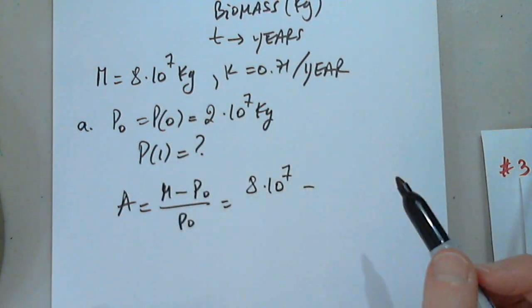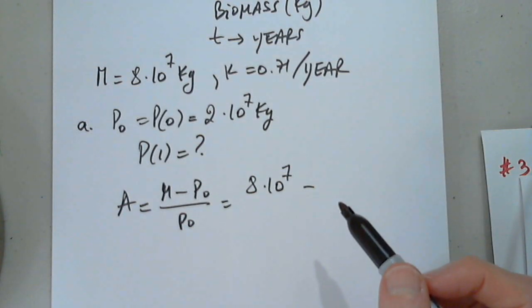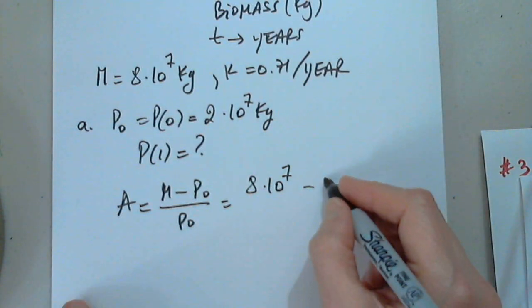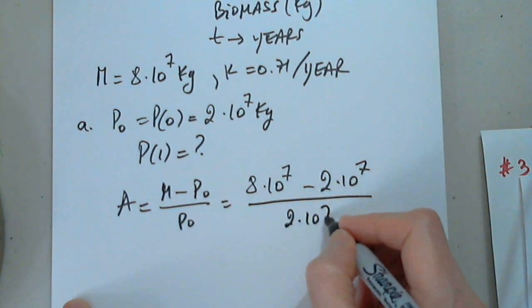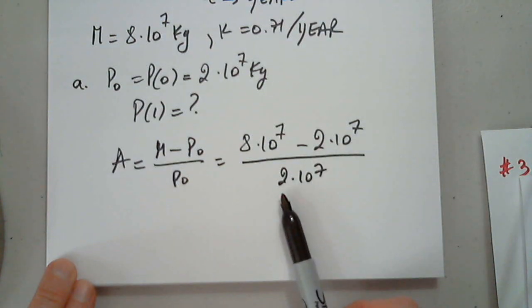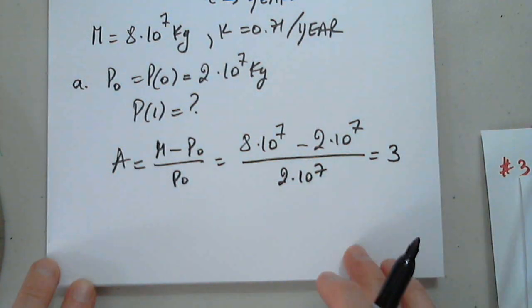P0 is given to us as the initial population, 2 times 10 to the 7th, divided by 2 times 10 to the 7th. So 8 minus 2 is 6. 6 divided by 2 is 3, because 10 to the 7th factors out.